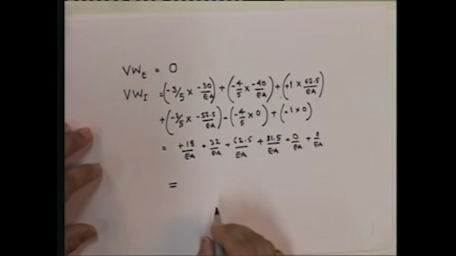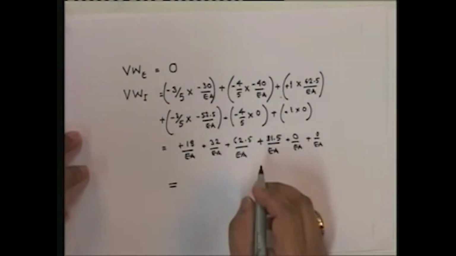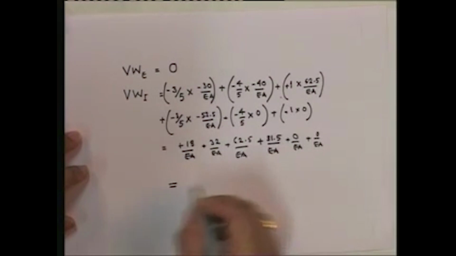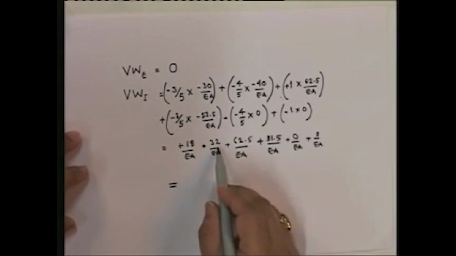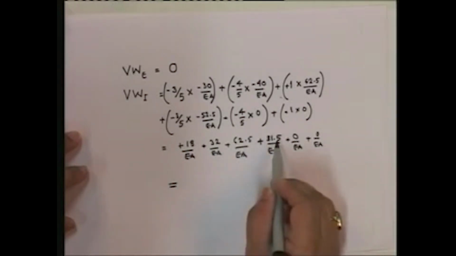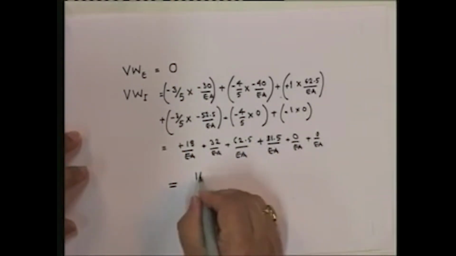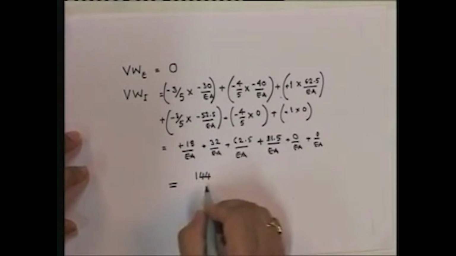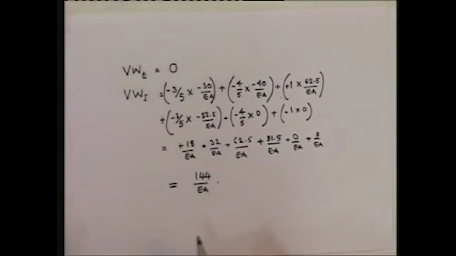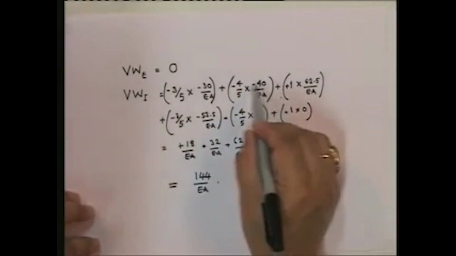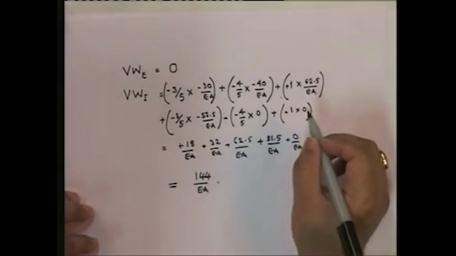So the total virtual internal work done is equal to what? 18 plus 30, 50. 50 plus 94, 144 upon EA. That is the internal virtual work done by what? By all the forces in all the members.